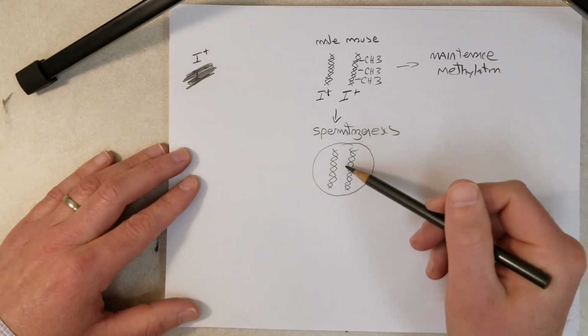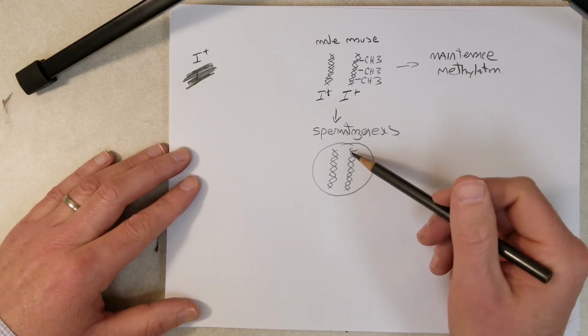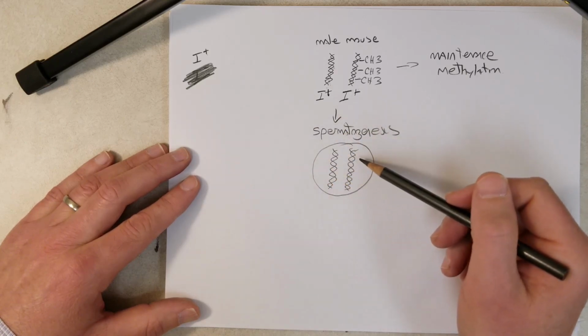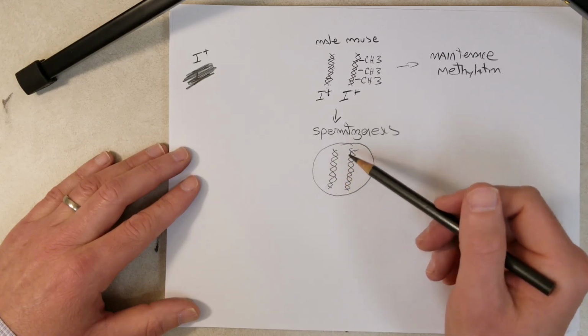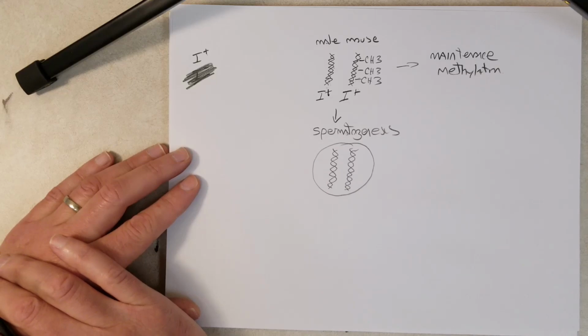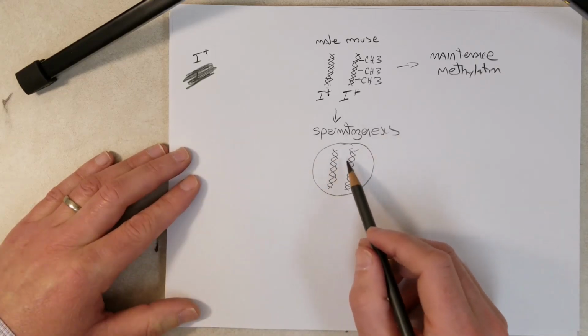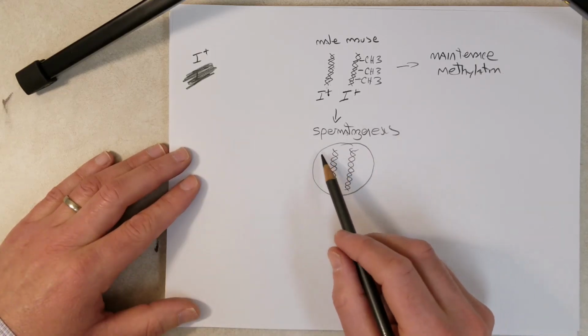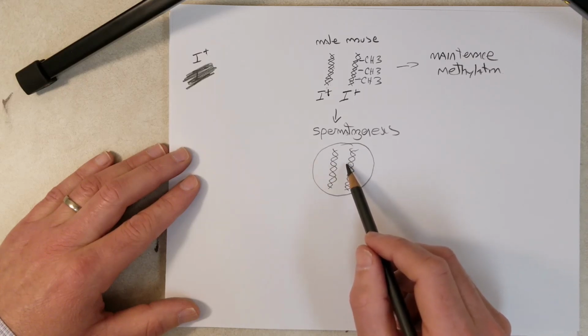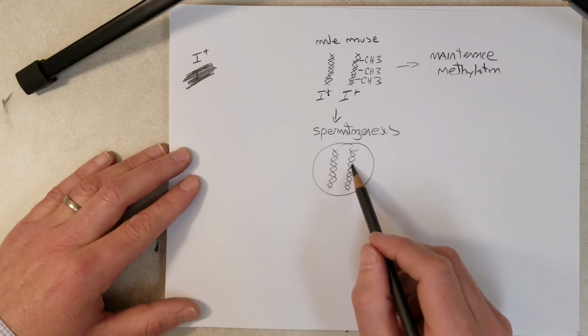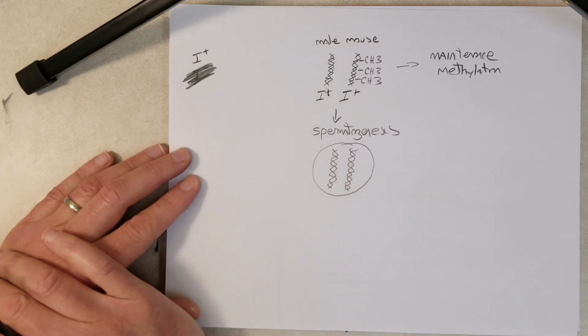So the methylation marks are erased. And it turns out that most methylated regions of the genome have their methyl marks erased early during meiosis. So now we have 2 alleles. It doesn't even matter which one's maternal and which one's paternal anymore, because neither has methylation marks.